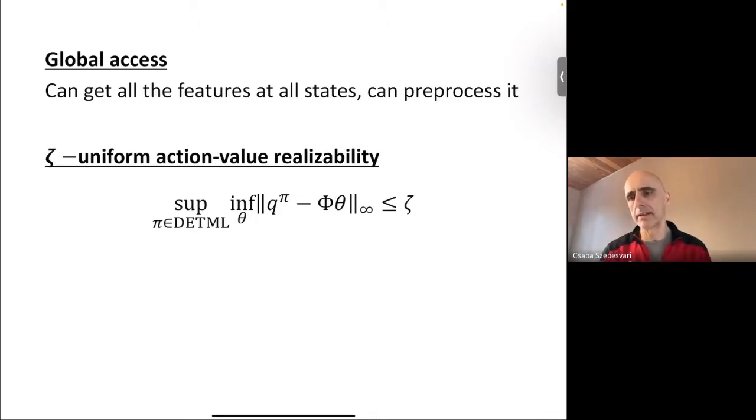Some algorithms may need to know zeta, some algorithms do not need to know zeta. So depending on this, it could be an assumption or just a definition.